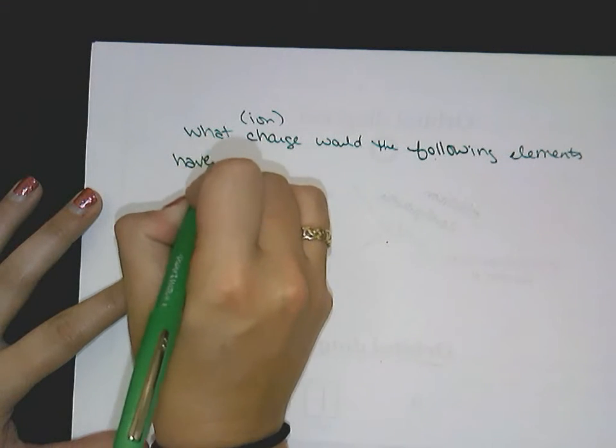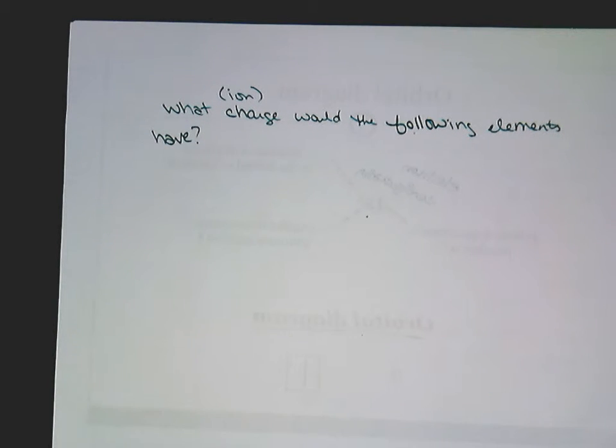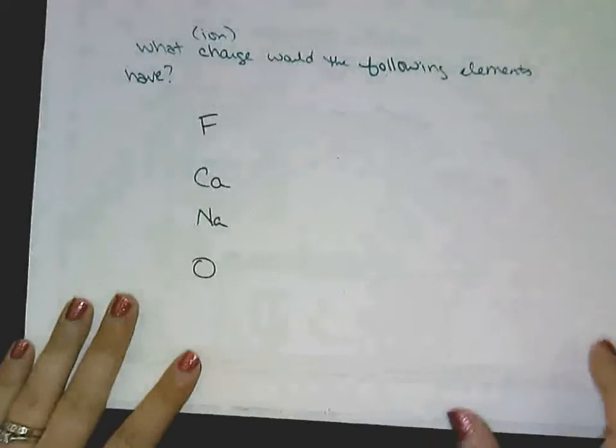All right, so let's say I have the following elements. Let's predict what charge or what kind of ion they would produce. Let's do this one, that one, this one, that one. Okay, so I got fluorine, calcium, sodium, and oxygen.